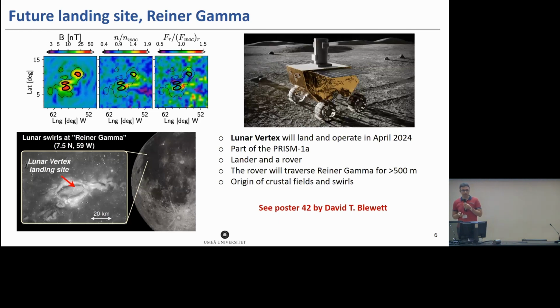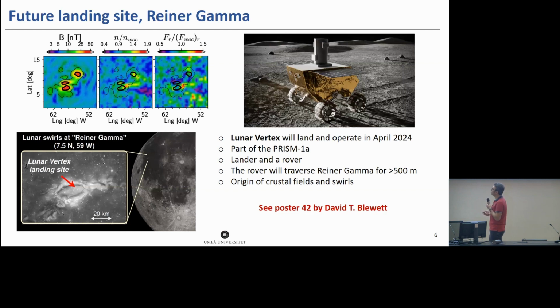This is why we have focused on Reiner Gamma: with Lunar Vertex, the future mission, we are going to land and operate in April 2024 on Reiner Gamma, and we are going to traverse with a lander and a rover for nearly half a kilometer in the Reiner Gamma region, to try to understand the pattern of the swirls as well as the crustal magnetic field.